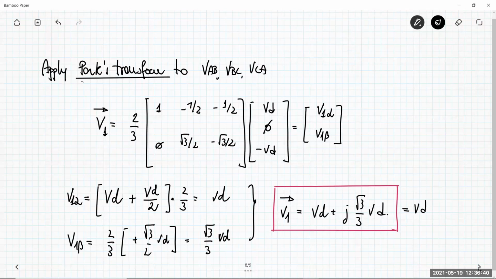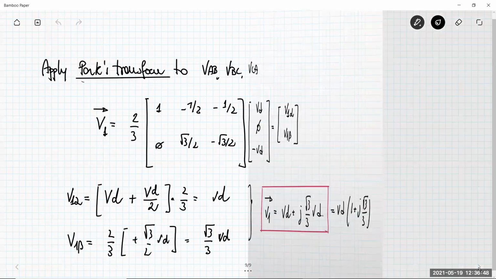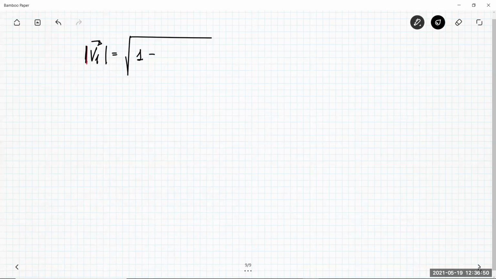This is VD times (1 plus j square root of 3 over 3). So the real part is 1 plus the square root of 3 over 3, multiplied by VD, and the magnitude is 2 over square root of 3 VD.